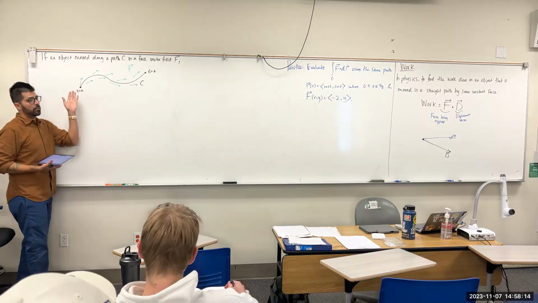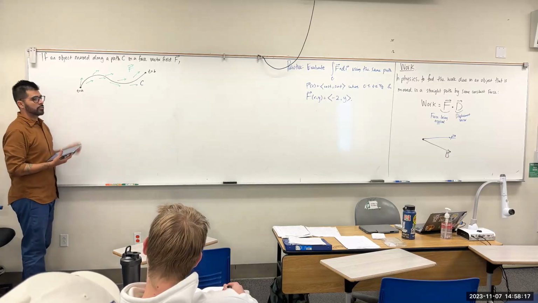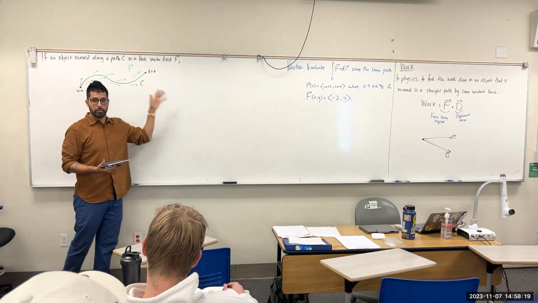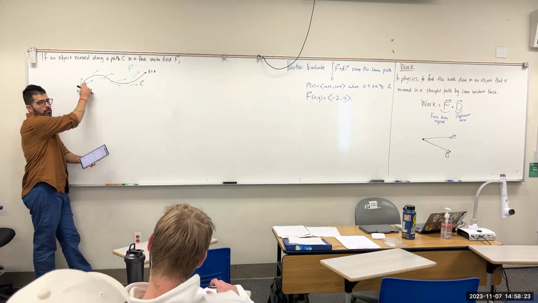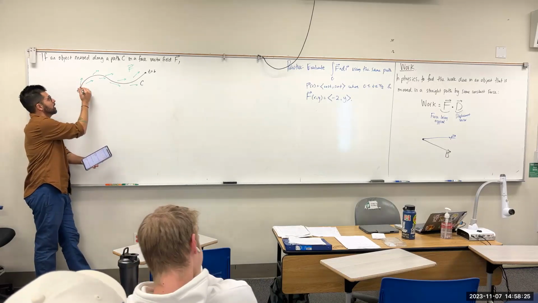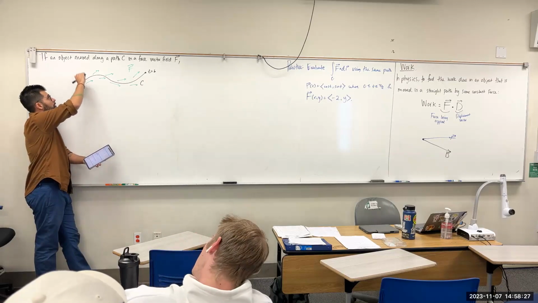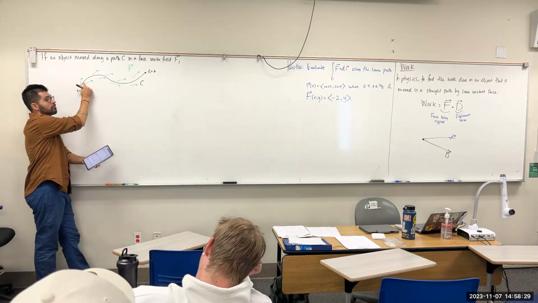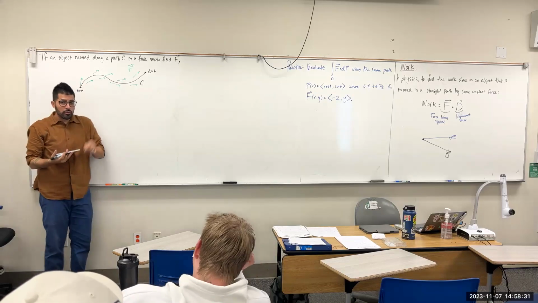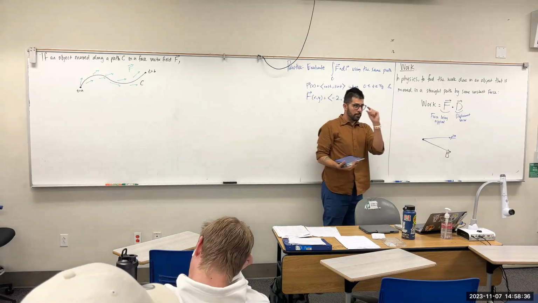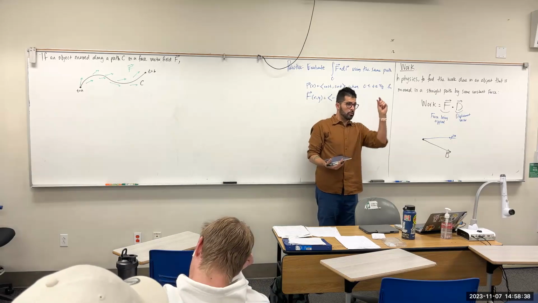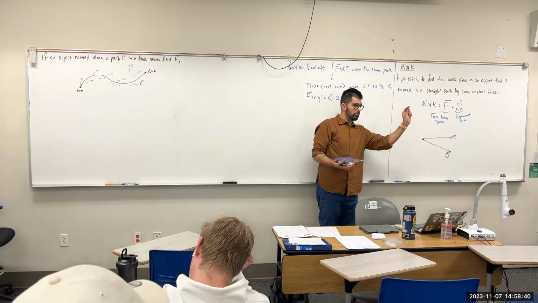The way we're going to find the work done is similar to what we just did with that big picture I gave you. We're going to break it up into little segments, and we're going to look at the force vector and the displacement vector within that little path, so that we can use this an infinite number of times for all those little pieces of your path.